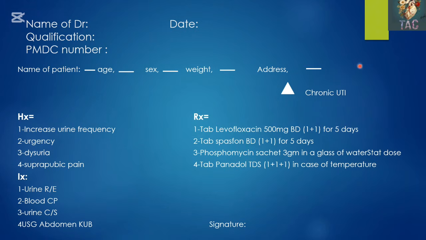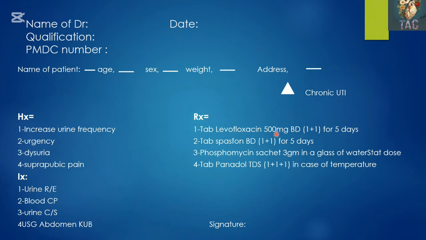Next is chronic UTI, and in chronic UTI, after the basic information, the history shows increased urine frequency, urgency, dysuria and suprapubic pain. The investigations which are required are the urine R/E, the blood complete picture, the urine culture and sensitivity, and ultrasound abdomen, that is the KUB view, meaning kidney, ureter, bladder.